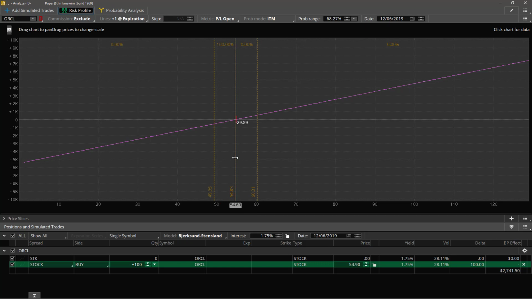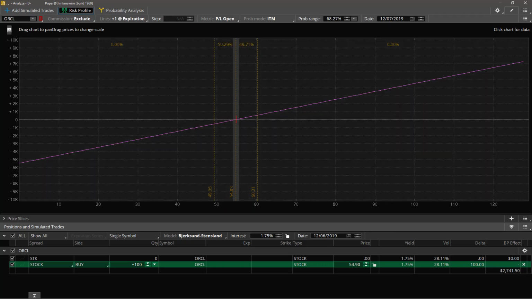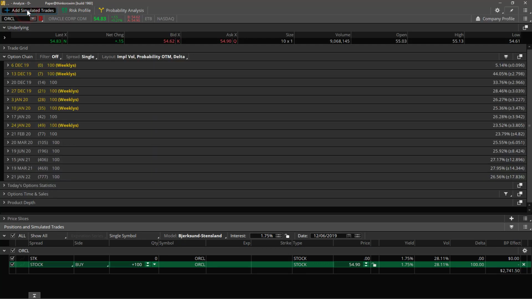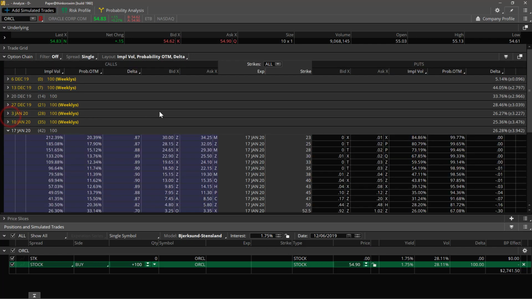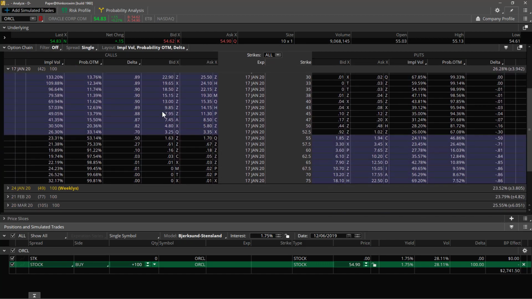Now, that's stock. Boring. Okay, so now let's take a look at what it would look like if we sold a covered call against this Oracle position. Go to Add Simulated Trades. We'll add a covered call, say 42 days to expiration, so we get something for it.